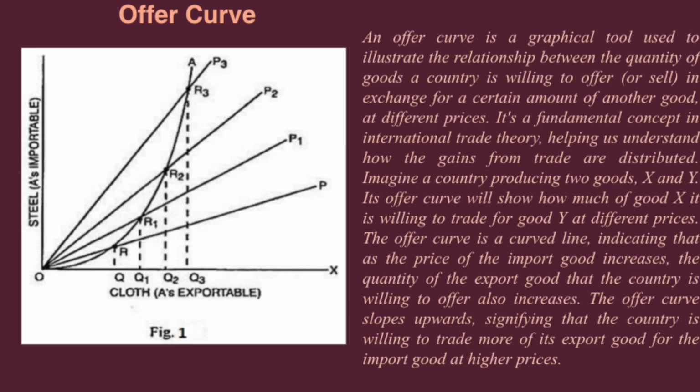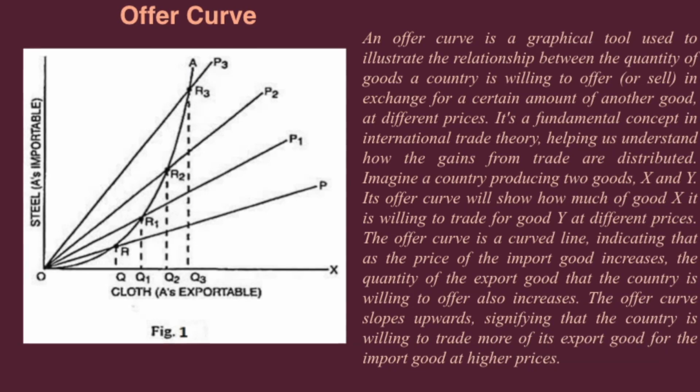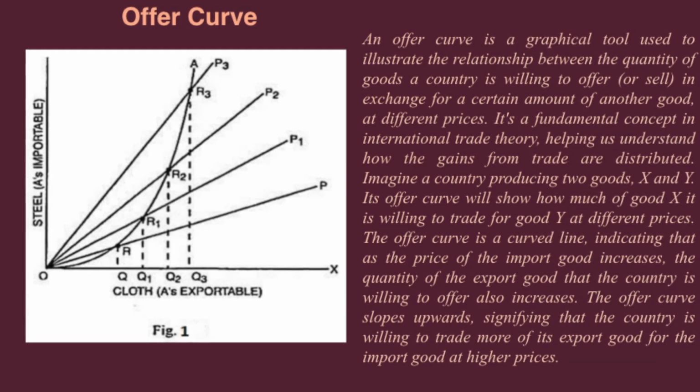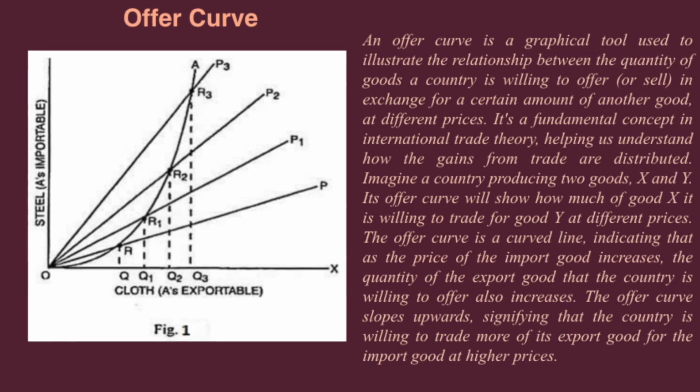Now assume there is another country, say country B, which has a comparative advantage in producing steel. To gain from trade, both countries have to specialize in the production of the commodity where they have a comparative advantage, or where they can produce a commodity by applying less input. So, for explaining the offer curve, as shown in figure 1, we are assuming that for country A cloth is an exportable good and steel is an importable good.